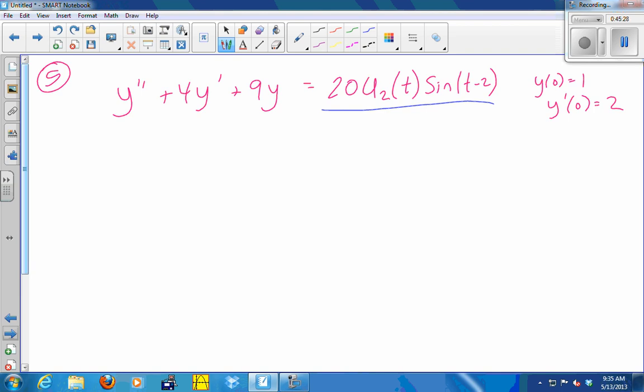When I set the unforced equation to 0, I get some function that dies out over time, leaving only this as my forced response, which dictates the behavior of the mass on the spring over time.